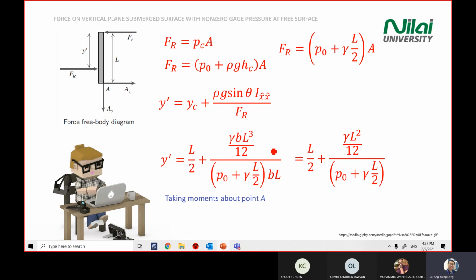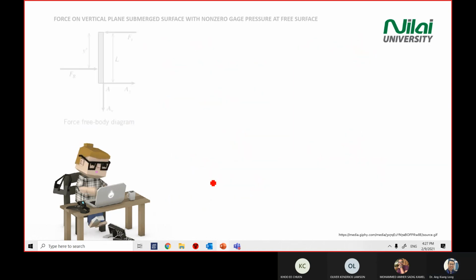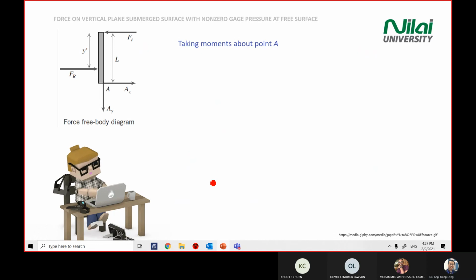The next one, we're going to focus on moment. Okay. So moment in A, again, AZ and AY don't create anything because we focus on A. You only have FR and FT on the point A. So we have an equilibrium equation with us.